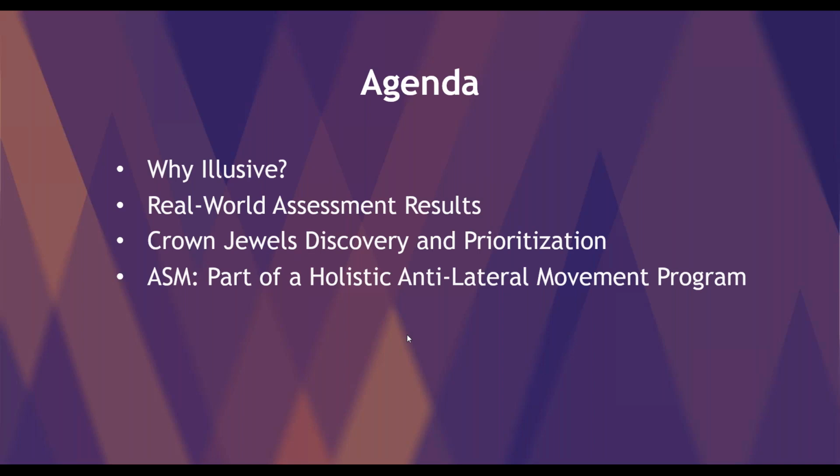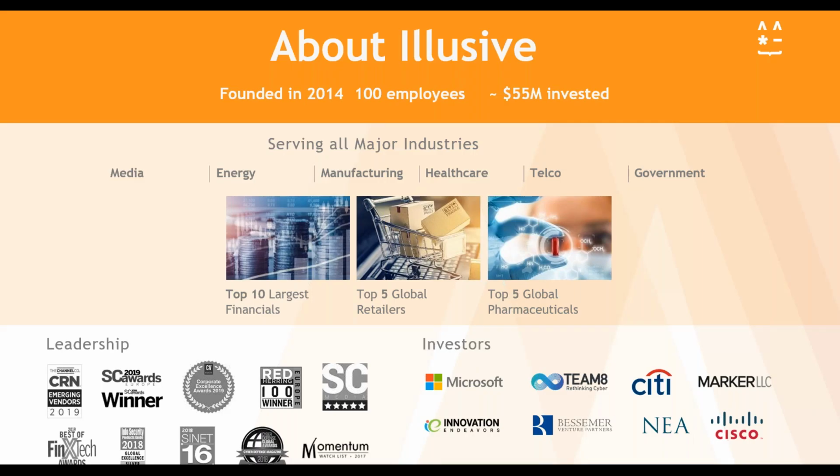So we'll look at some of those results, spend a little more time digging into crown jewel discovery and prioritization and how Elusive provides capability in that space. And then lastly, we'll look at ASM and how it fits into an overall Elusive capability as an anti-lateral movement platform. So here we go.